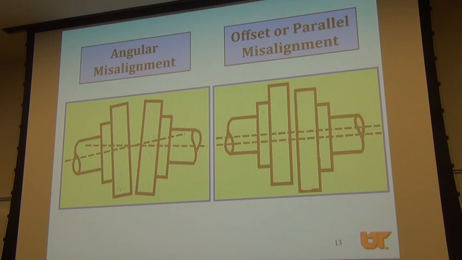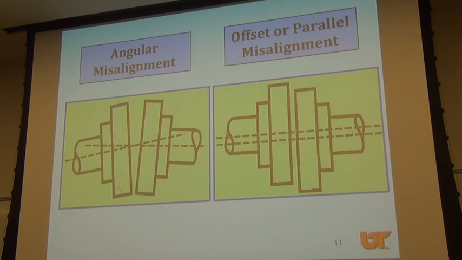So this is a better figure here. So this is an example of angular misalignment. It may be very small, but still you can have problems with the shafts not being aligned properly. So if you have angular misalignment, then when it rotates, it's going to push on the bearing. So you will see forces acting in the axial direction, whereas here you see the so-called parallel or offset misalignment.